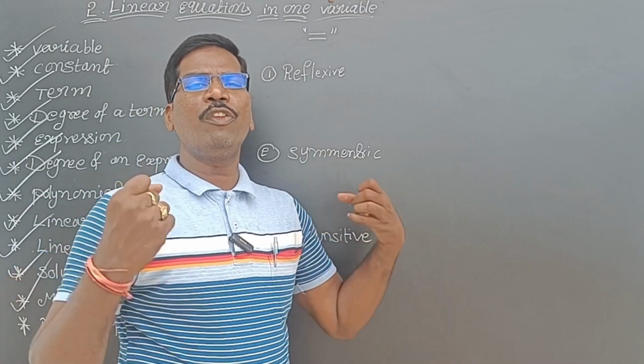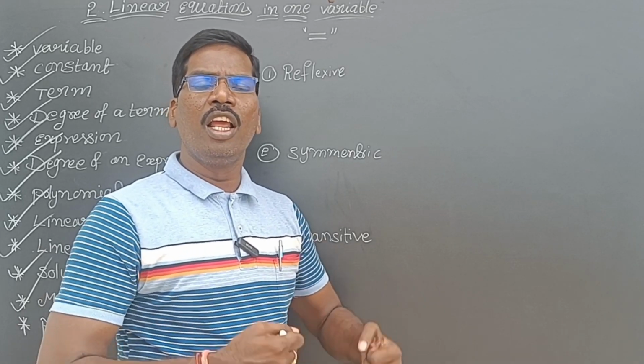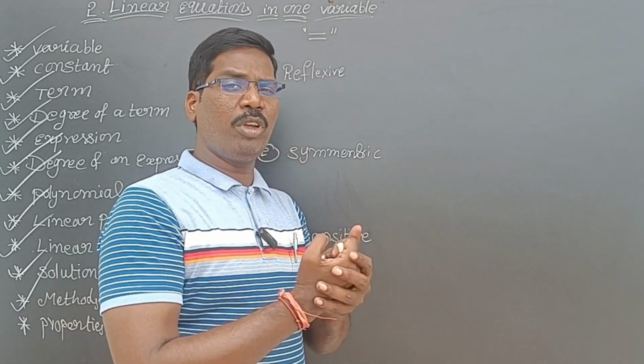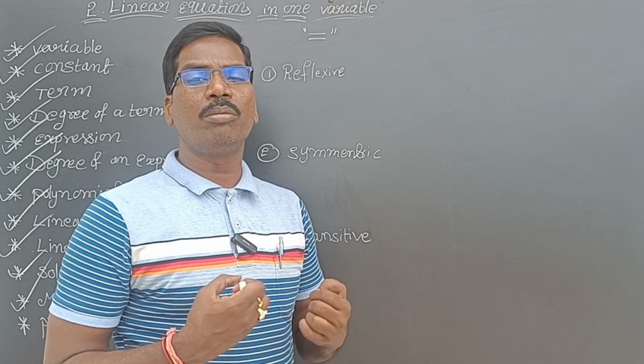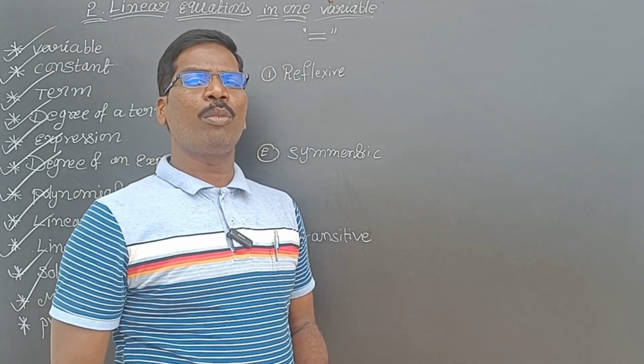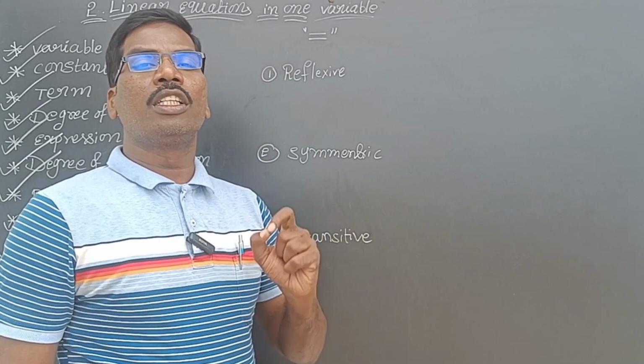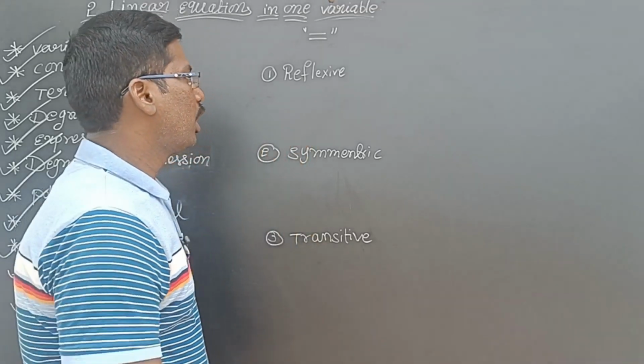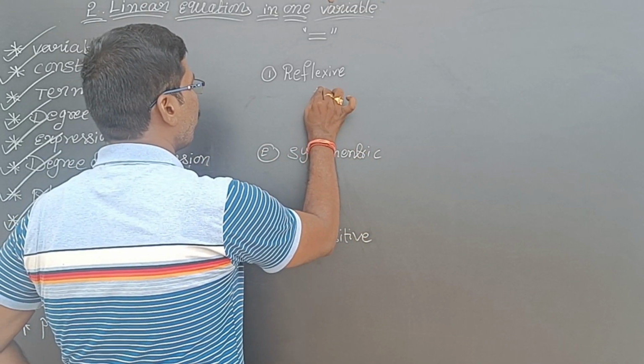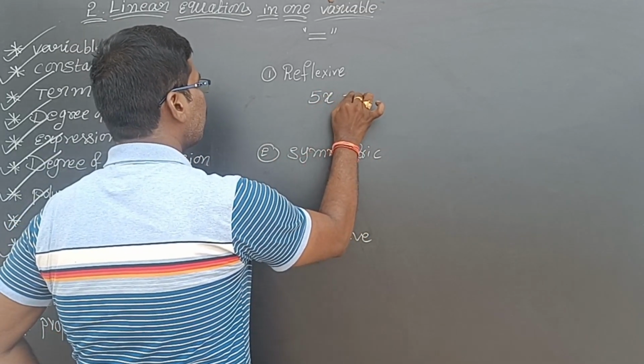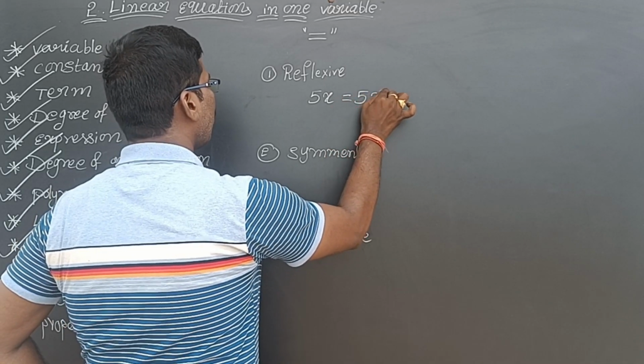For example, if I see my face in the mirror, I am only reflecting in the mirror. Means if you take any number or any term, it will be equal to itself. For example, I'm taking 5x. This 5x is equal to 5x. Is it right or wrong?